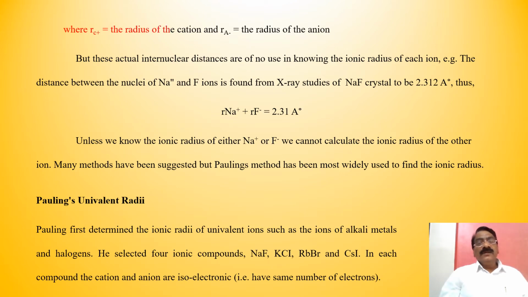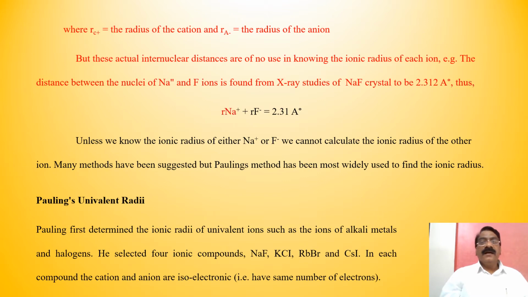But these actual internuclear distances are of no use in knowing the ionic radius of each ion. For example, the distance between the nuclei of Na+ and F- ions is found from X-ray studies of NaF crystal to be 2.312 angstrom unit.